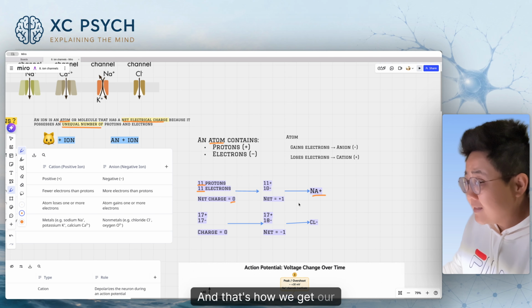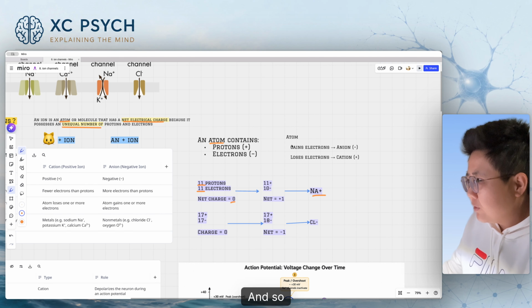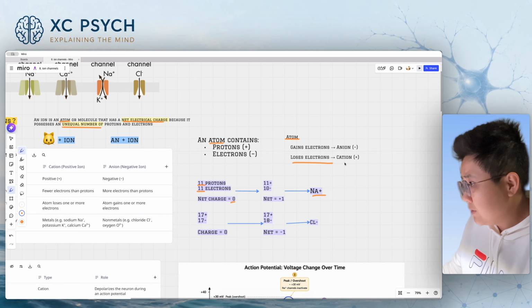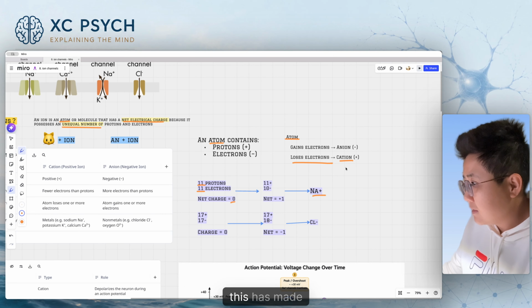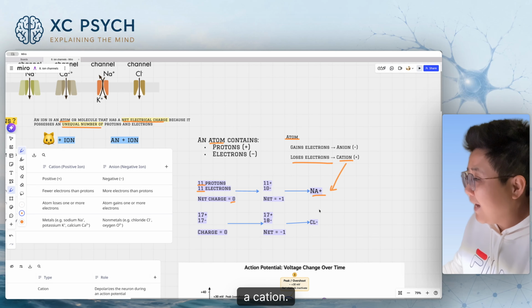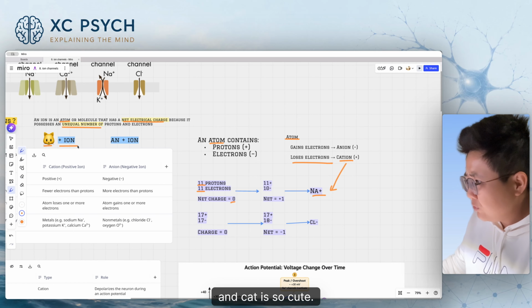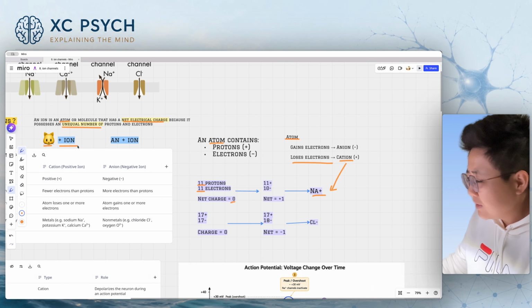And that's how we get our sodium ion. And so atom loses electrons. This has made our sodium ions a cation. So see, cation. And cat is so cute, so it's usually positive.